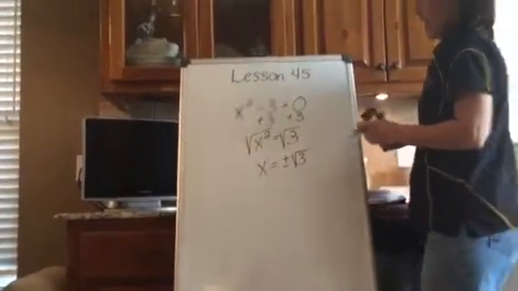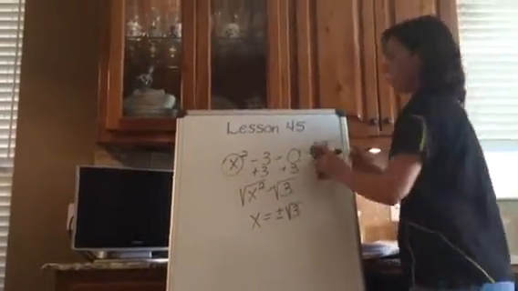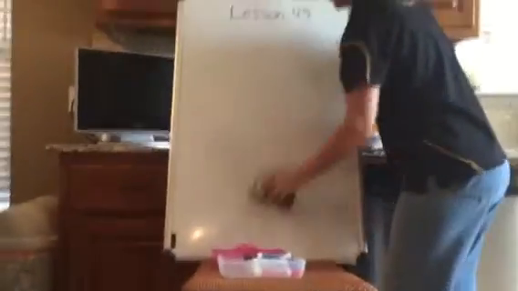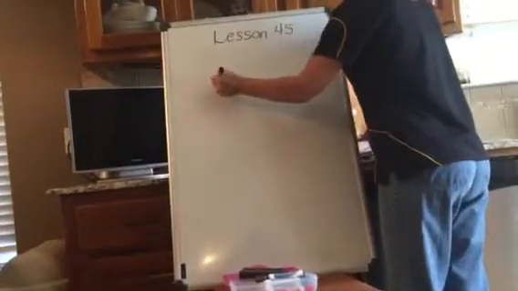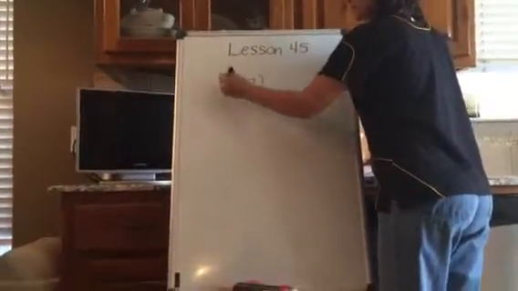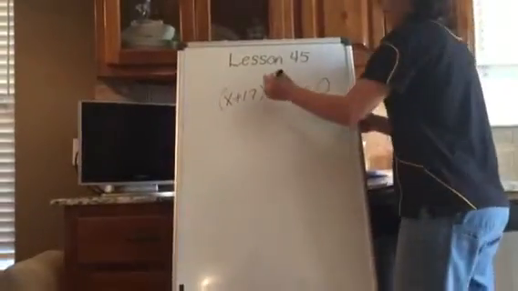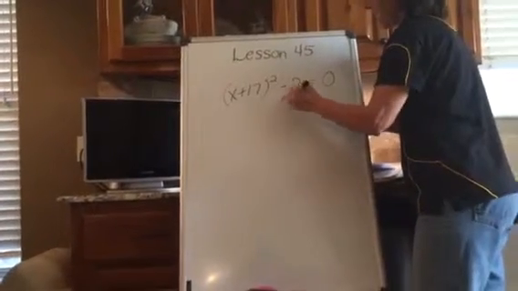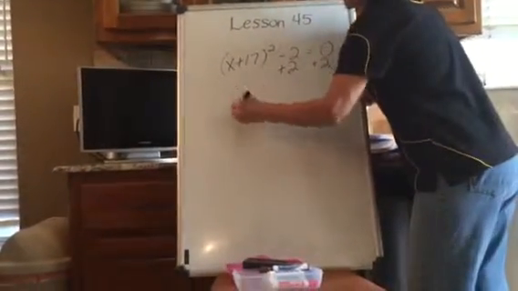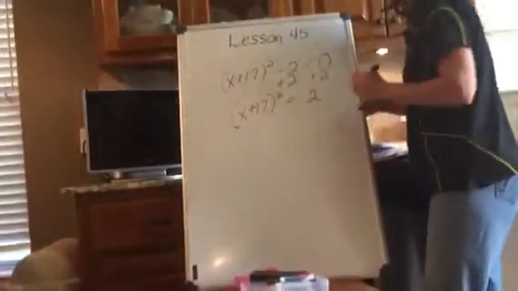Now, our term doesn't have to be a single variable. We can also have a binomial squared and do the same thing. So if I have (x + 17) squared minus 2 equals 0, I have one term squared, so I can move my 2 to the other side by adding 2 to both sides, and I end up with (x + 17) squared equals 2.